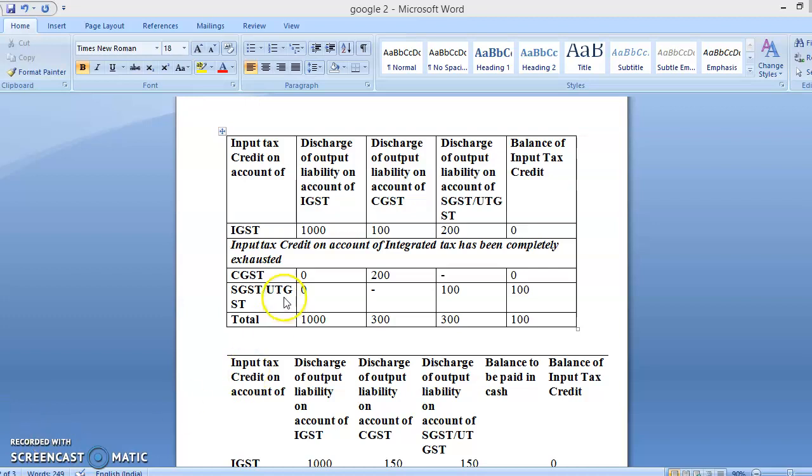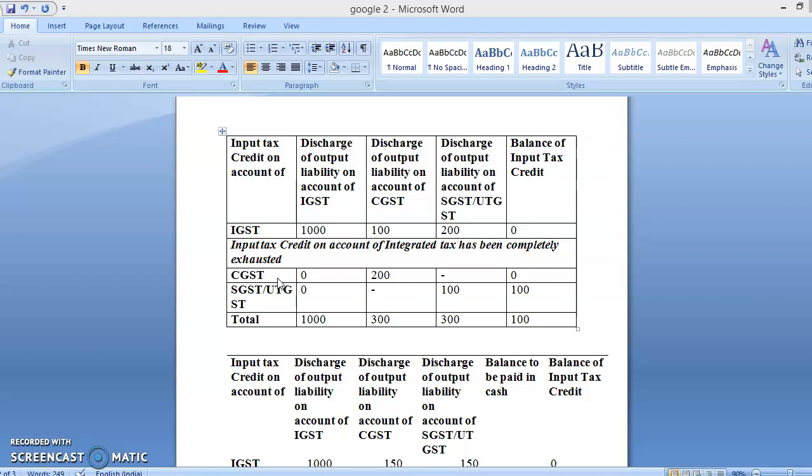In case of CGST, the liability to be set off is 300, but I've already utilized IGST 100 to set off CGST. So the remaining 200 I'm going to set off through the CGST credit available. So here also CGST balance is 0.